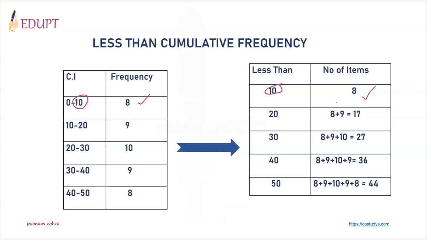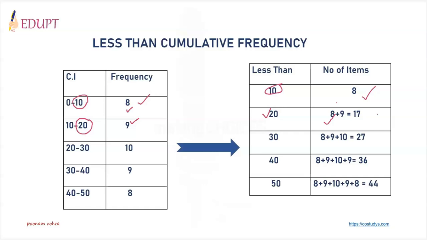Then in the next case, again the upper class limit is taken, which is 20 in this case. So we need to find out less than 20. That means less than 20 is 8 as well as 9. So it is 8 plus 9, that is 17.